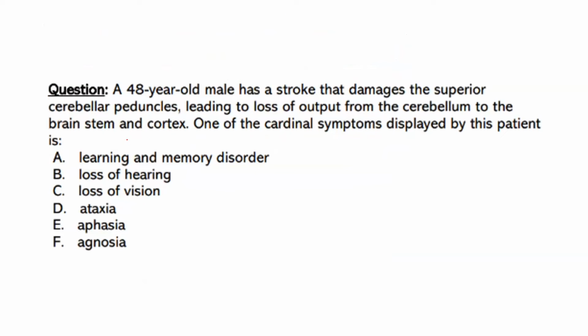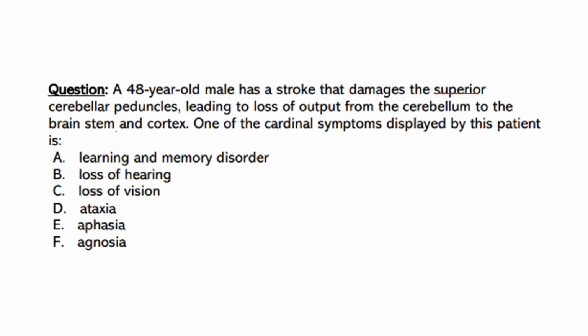The next case is a 48-year-old male that has a stroke, and there's damage to the superior cerebellar peduncles. Okay, and so there's loss of output from the cerebellum to the brainstem and the cortex. Which of these symptoms are they most likely to have? Right.